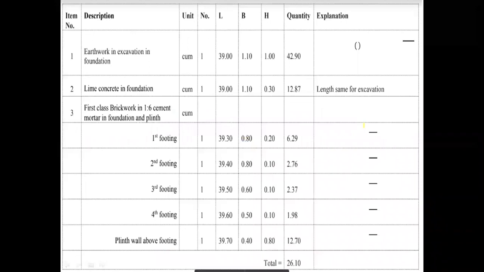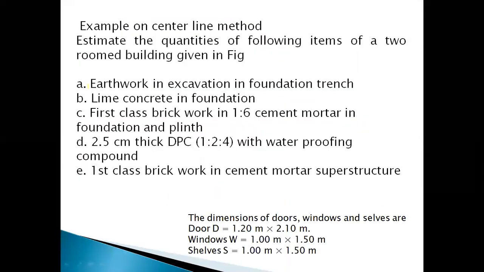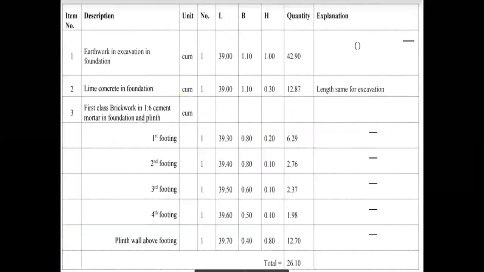Next, it is the table form to calculate the works. See item, measurements of quantities: item number, description, unit, numbers, length, breadth, height, quantity, explanation or notes. So first one, earthwork in excavation in foundation trench. Units cubic meters, number 1.